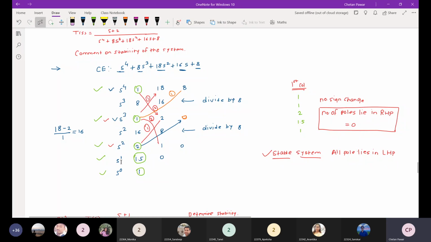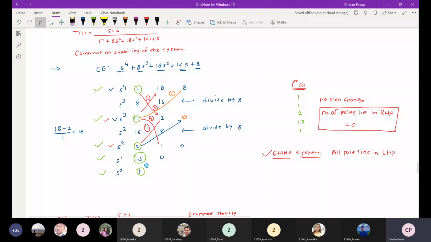Now we need to find the coefficients of the s raised to 1 and s raised to 0 rows. First we consider s raised to 1. The same procedure applies: the first element is 2 into 4 minus 1 into 1, divided by 2.